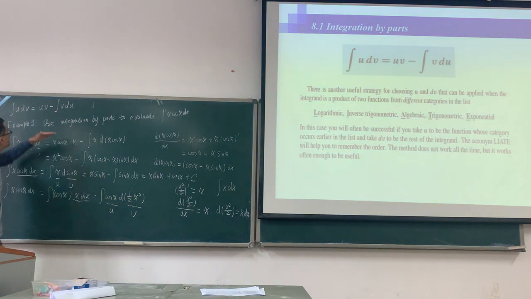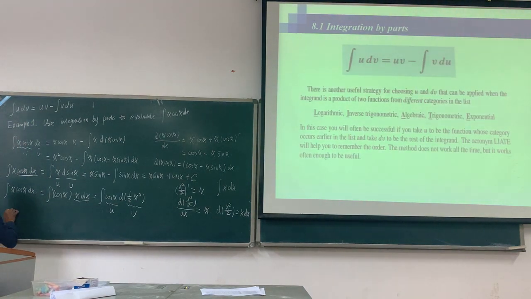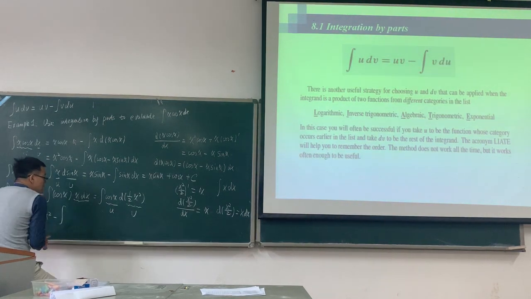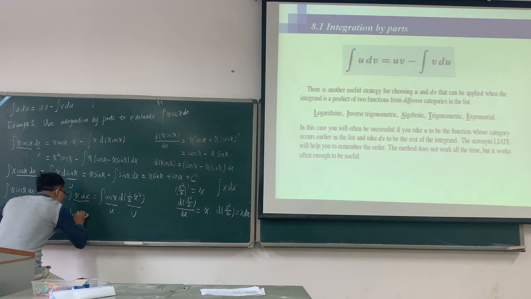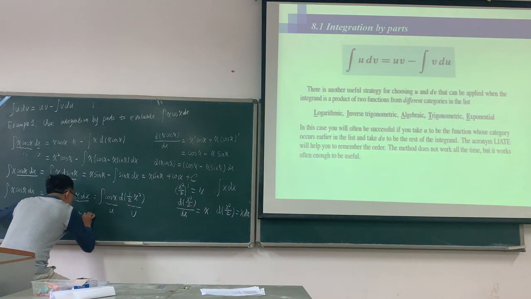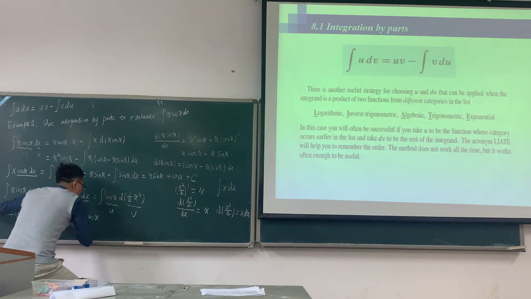Now we use this formula, so here equals u times v minus the integral of v du. Here 1/2 x squared du, where du is d cosine x.